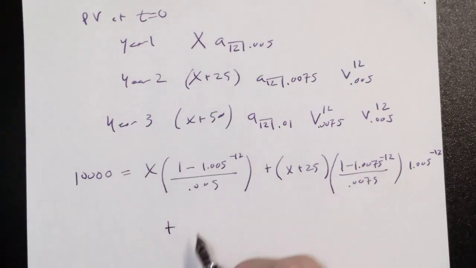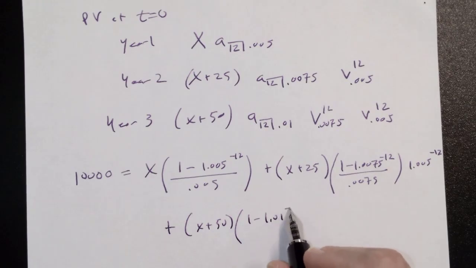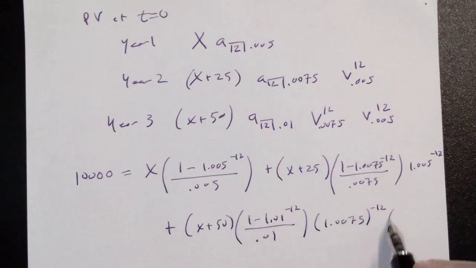Plus year 3. X plus 50, 1 minus 1.01 to the negative 12 over 0.01 times 1.0075 to the negative 12, 1.005 to the negative 12. Now, I'm the crazy SOB here.